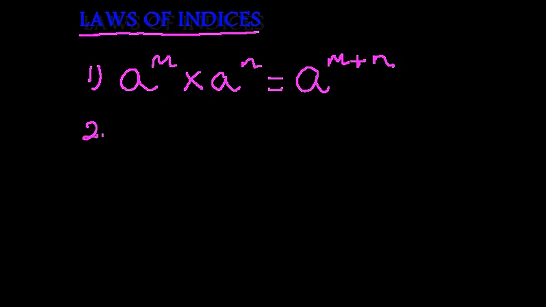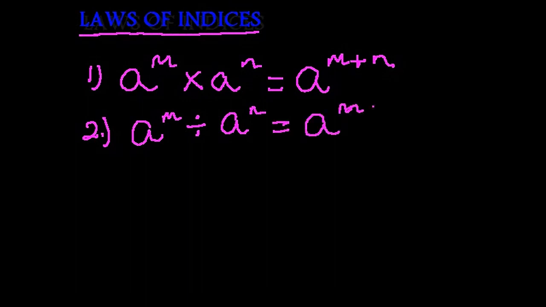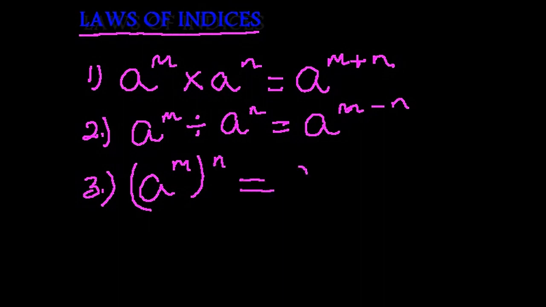The second one: if we are given a raised to power m divided by a raised to power n, it is equal to a to the m minus n. The third rule of indices: if we are given a raised to power m in brackets raised to power n, it is equal to a to the m multiplied by n. So these are the three rules that we will be applying in the following questions or exercise that we are going to do.